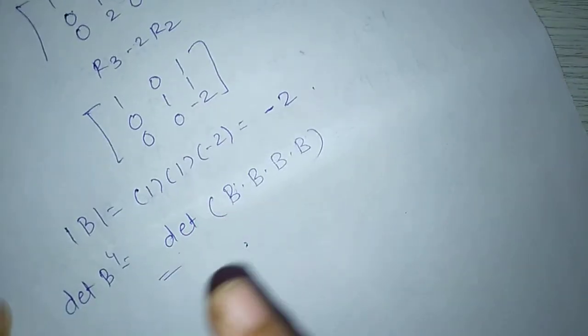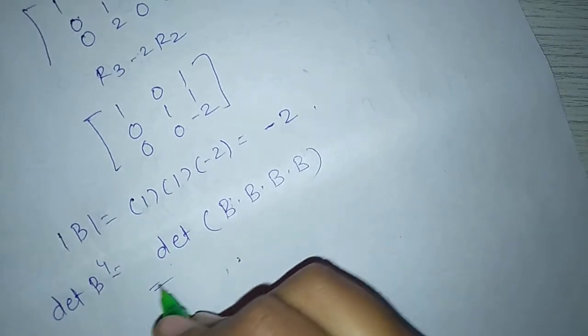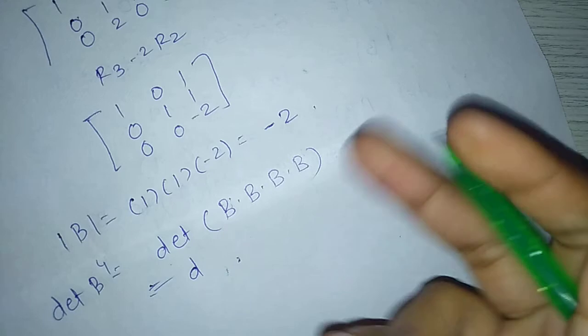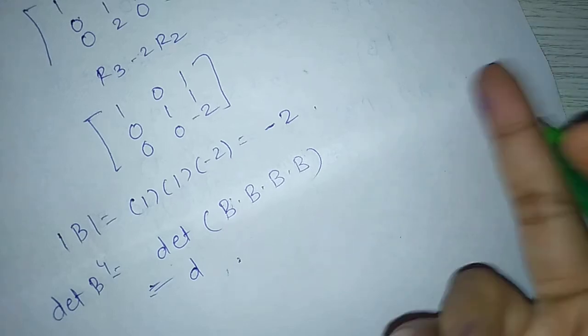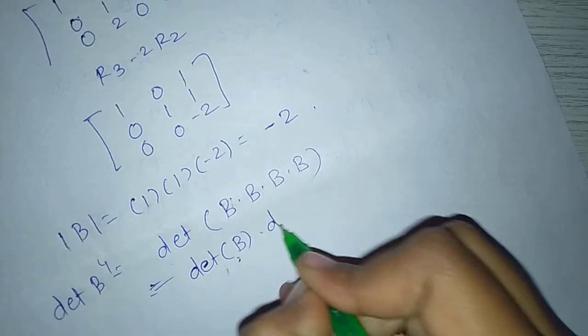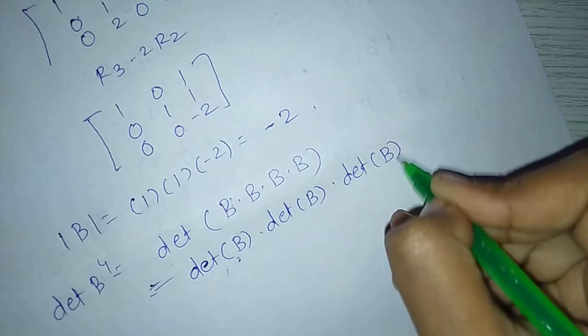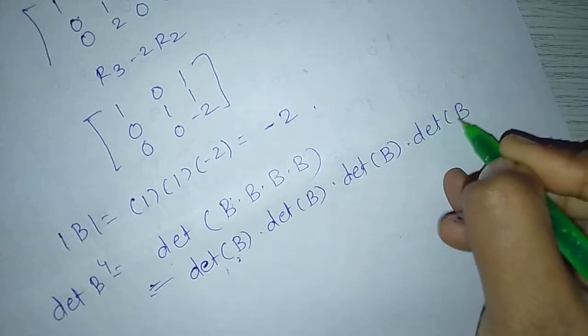So determinant of A into B equal to determinant of A into determinant of B when A and B are square matrices. Means here we use this result, so determinant of B into determinant of B into determinant of B into determinant of B.